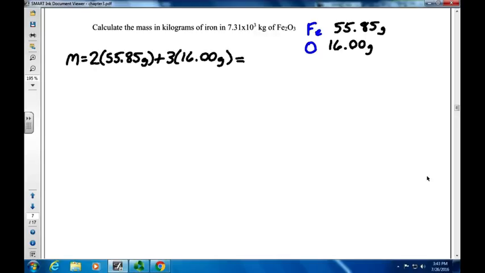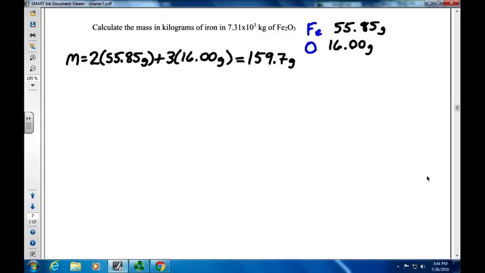And that gives us 159.7 grams. So that's our molecular mass for iron oxide. And looking at this, we do have the proper number of significant figures, which is 4.